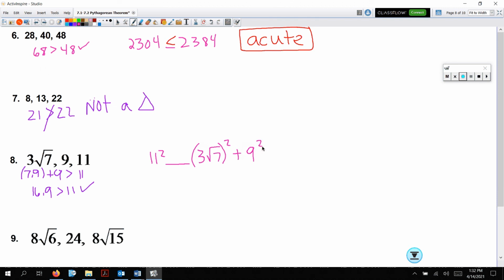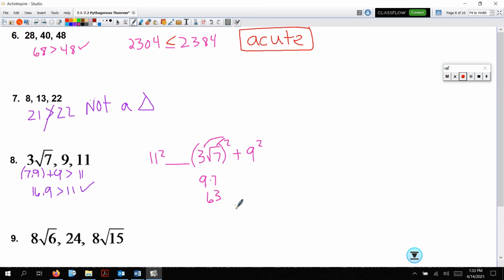Remember, when you square a radical that has a coefficient out front, you square that 3, and that gives you 9. When you square a radical, you just free that number outside of the radical and then multiply it by whatever number's out front. So 9 times 7 is 63. That is 3 root 7 squared.